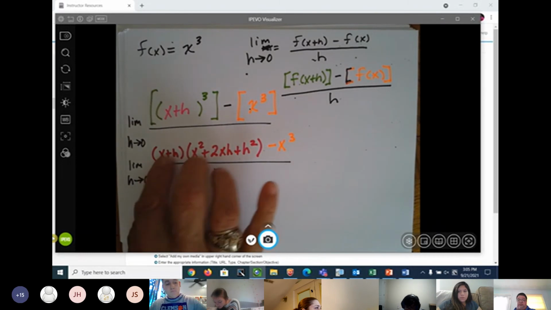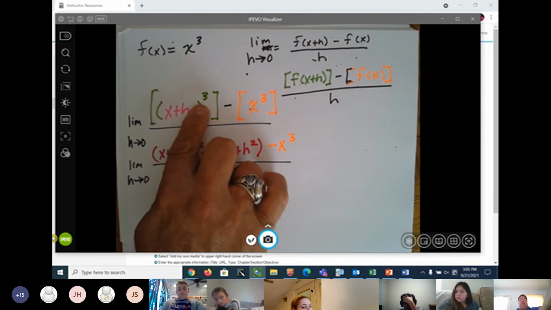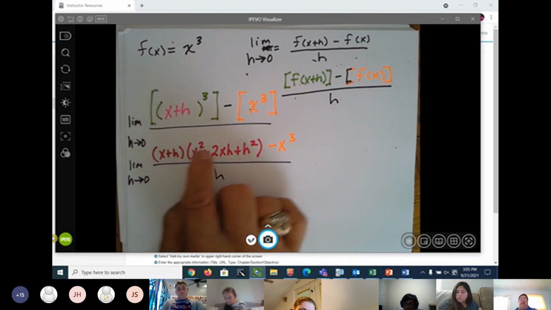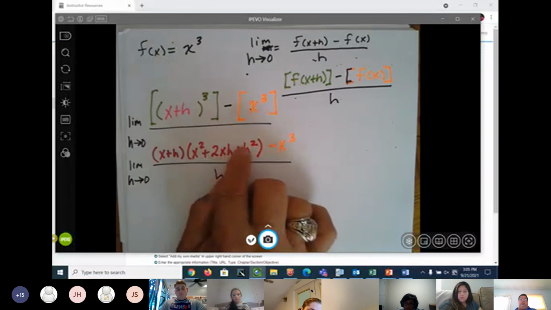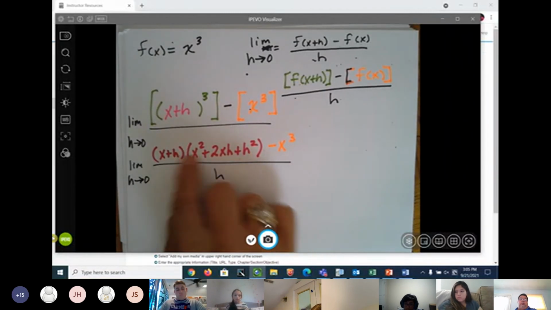All right, so as you can see, I've got x plus h quantity cubed. Well, that's going to be x plus h times x plus h squared, which is shortcut number 1. Now I've got to distribute this.